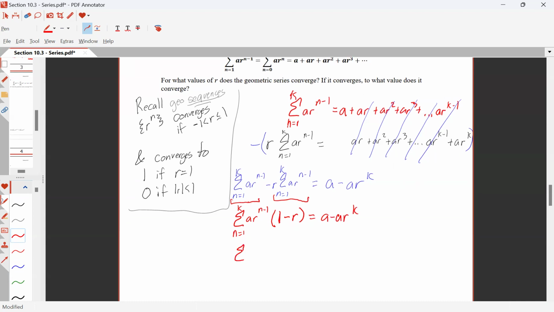Meaning this sequence of partial sums that we've been trying to find a formula for is a minus ar to the k over 1 minus r.